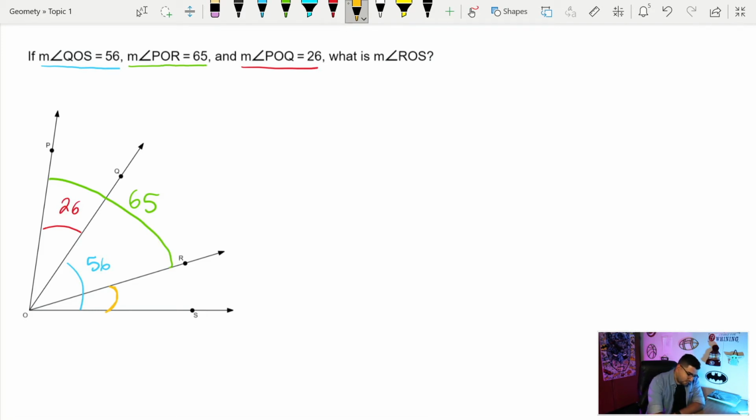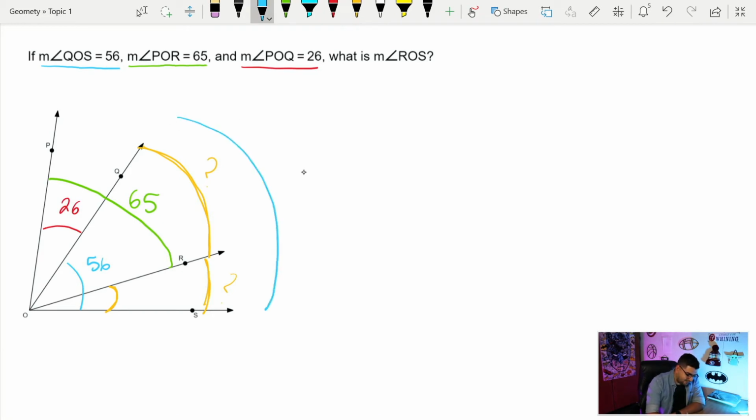We know that if I can find the measurement of this angle, then it'll help me find this one. The reason why is because this whole angle is 56.